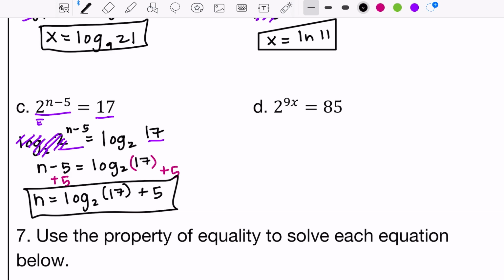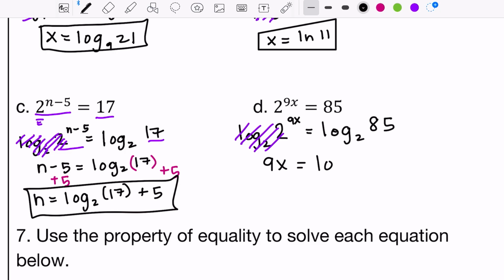Moving on. Oh, this one is also base 2, so I'm going to do that again. Log base 2 of 2 to the 9x equals log base 2 of 85. Don't try to shortcut this. Make sure you're doing proper form. That log base 2 undoes the exponential of base 2, and then I'm left over with 9x equals log base 2 of 85.